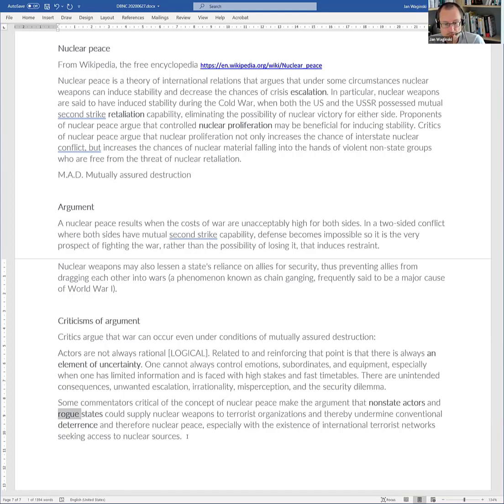So a rogue state would be a state that is not interested in the international order, that wants to do its own thing and create chaos. North Korea is a prime example of a rogue state. It just doesn't care what anyone thinks. Diplomacy with them is almost impossible. That's what that means.